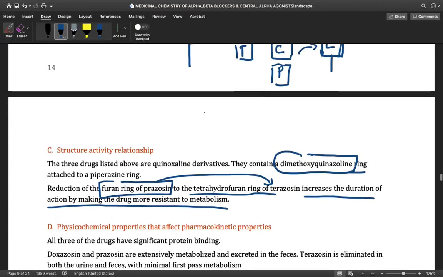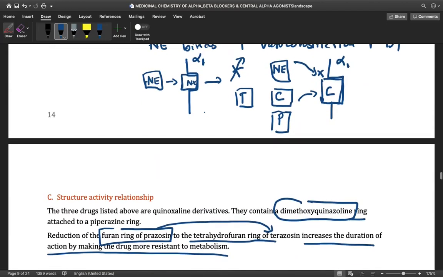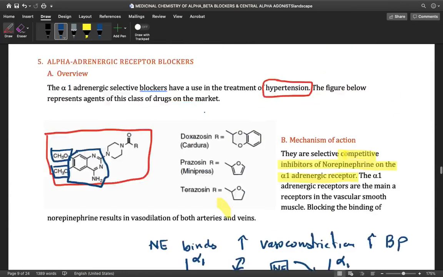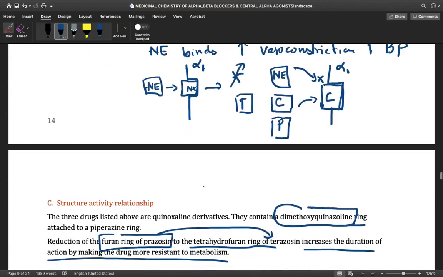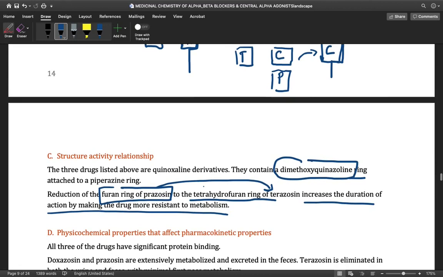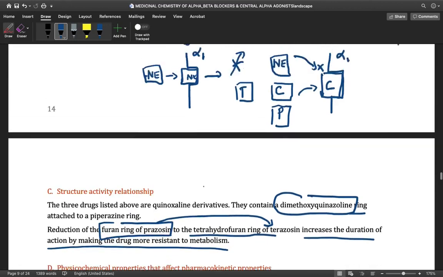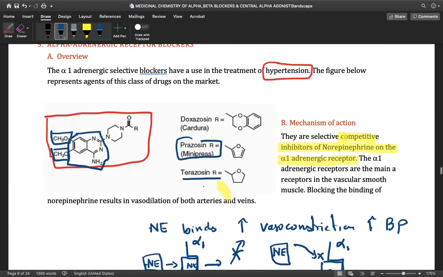We're talking about going from prazosin to terazosin. So what's the difference? One of the drugs is a furan. Prazosin is a furan.